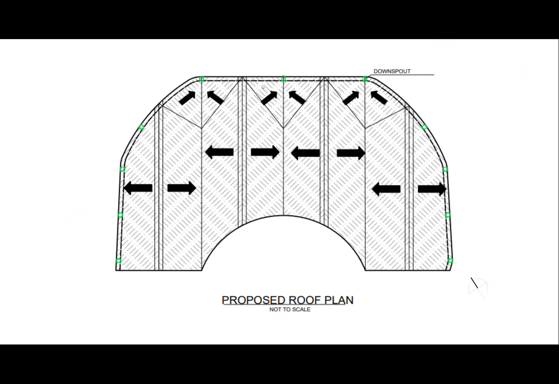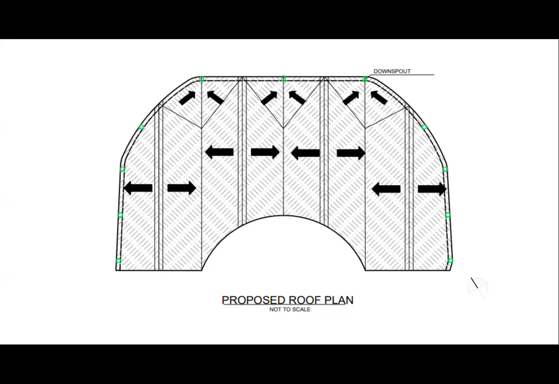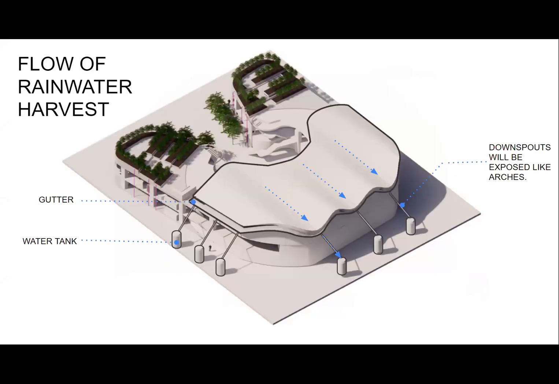This is our proposed roof plan on how rainwater can be harvested. So it's kind of like a baby roof. So next.